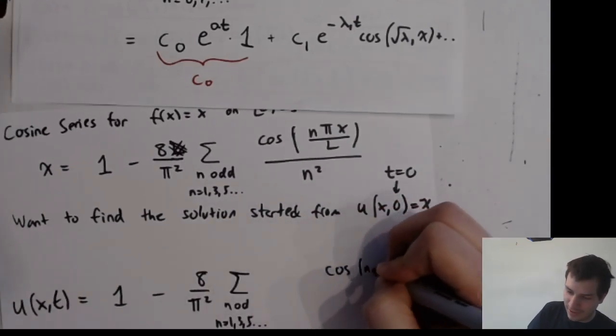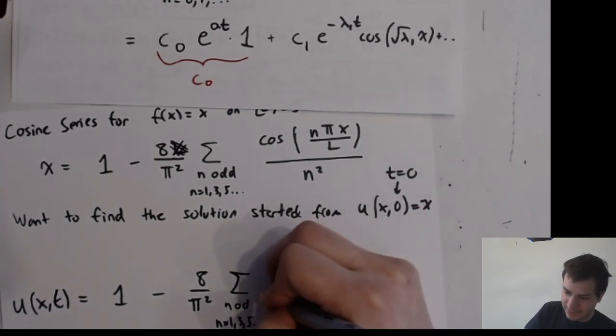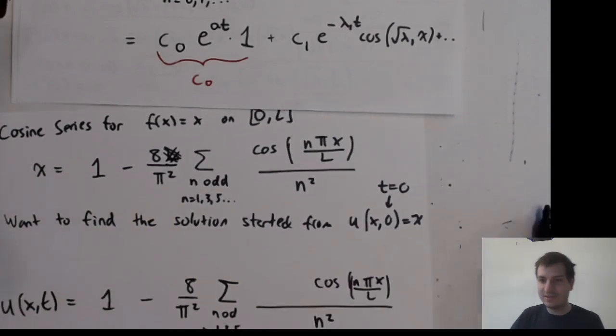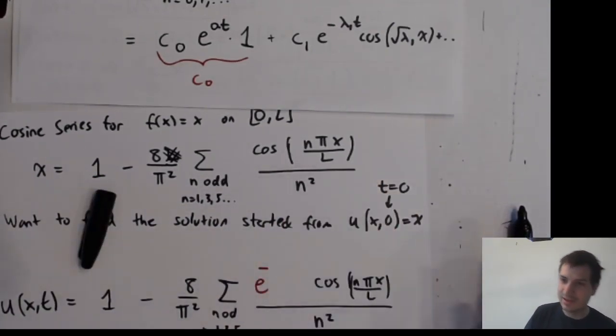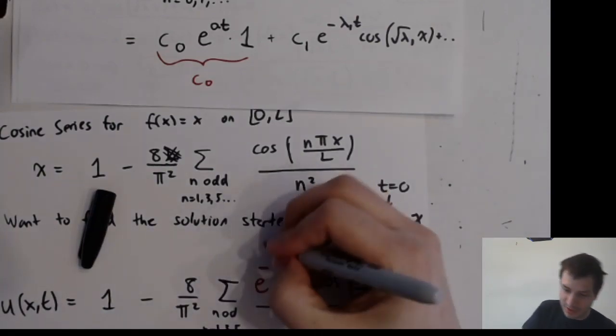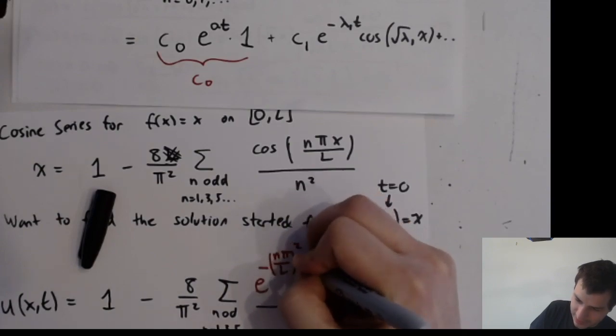Cosine of n pi x over L over n squared. And the only difference is that now I have this term, e to the minus, and it's going to be this stuff squared, n pi over L squared t.